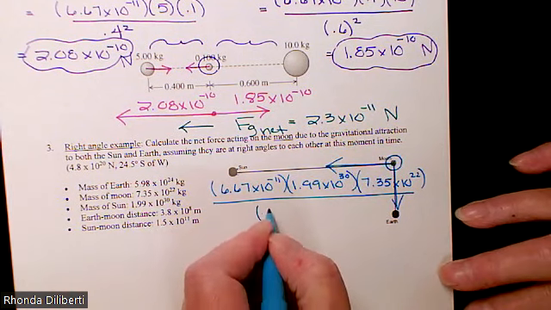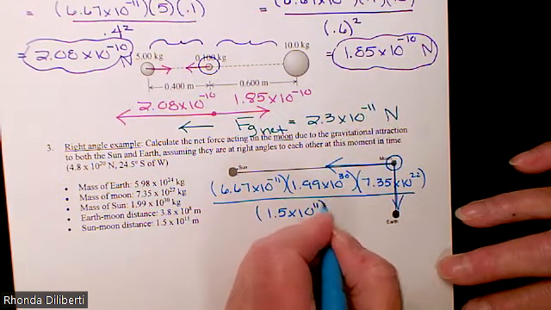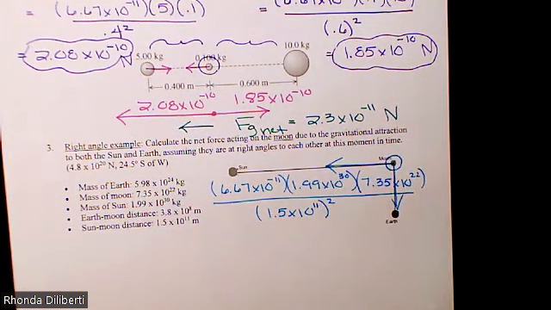That would be 1.5 times 10 to the 11, and then I got to square that.